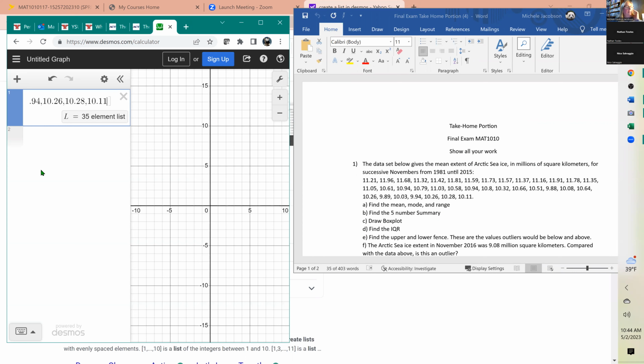There we go. 35 elements. So you can highlight these because they're separated by commas and it'll put them into a list.